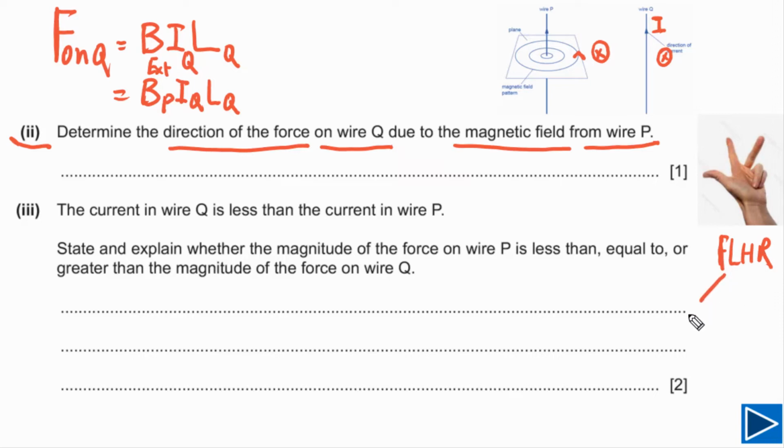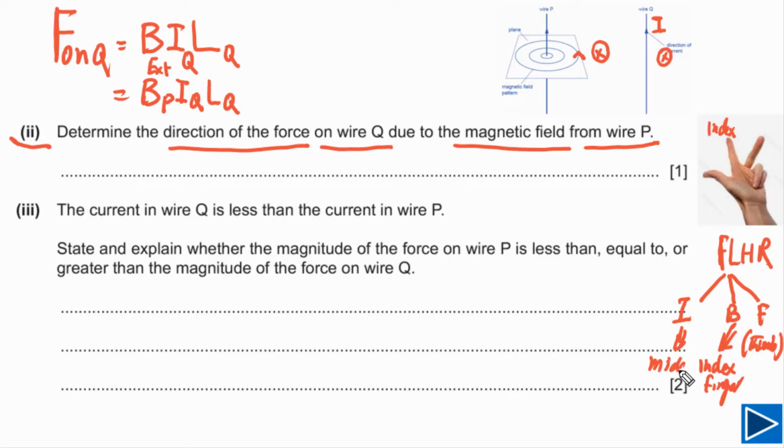Fleming's left-hand rule is used for current, for magnetic field, and for force. If two of them are given, the third one we can find. First of all, the force: we use the thumb for force, and we use the index finger for the direction of B, and the middle finger we use for current.